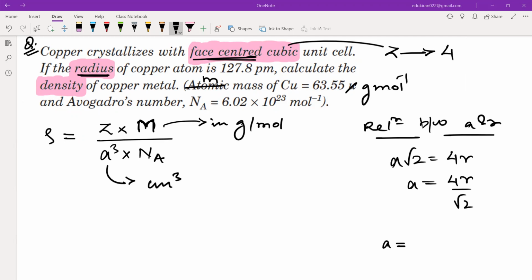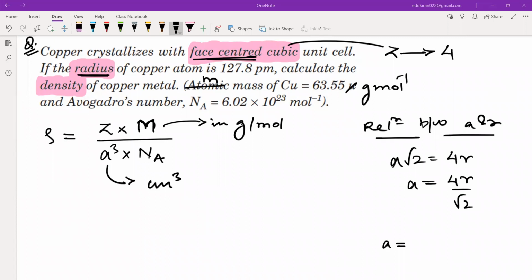Is that A cube or A? Shravya, whatever you have got, please approximate it and write it in scientific notation.